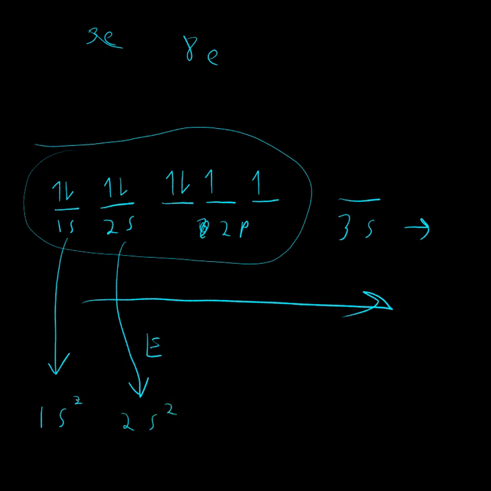This 2 here is just saying the number of electrons in the orbital. This 1s is just talking about this. So really, this 1s goes here, and then simply the number of electrons in that orbital will go here. So this 2s orbital is full, so we call it 2s2. And then lastly, we have 2p, and then we will give it the number of electrons, so 4. Hopefully that makes sense.